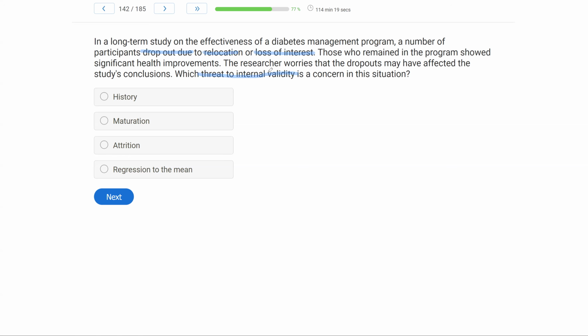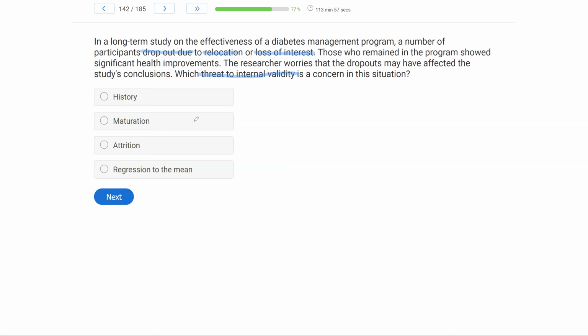So in this case, what do we call it when participants are dropping out for whatever reason? A, history. History has to do with the learning history or experience of the participant, not necessarily whether or not they left or stayed in the study. Maturation has to do with the natural growth and development of participants.